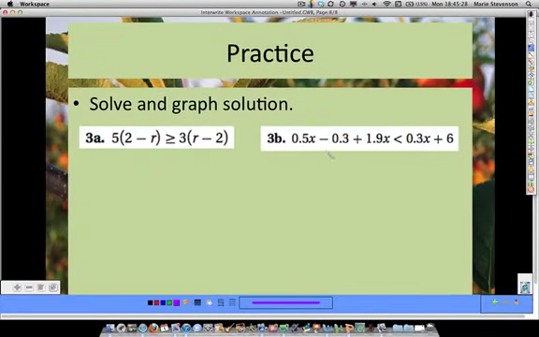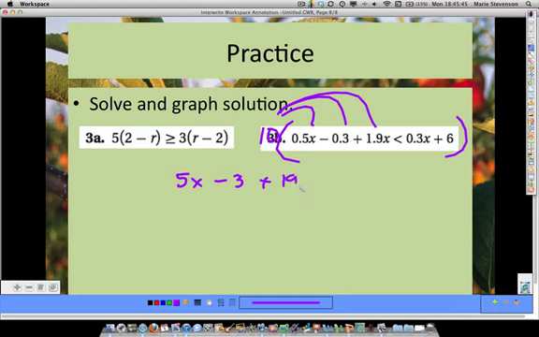Now, since every single one of these, except for this one, is a decimal, and that's okay, I'm going to clear this decimal. I'm going to multiply the whole thing by 10. Okay, this is a big one, isn't it?